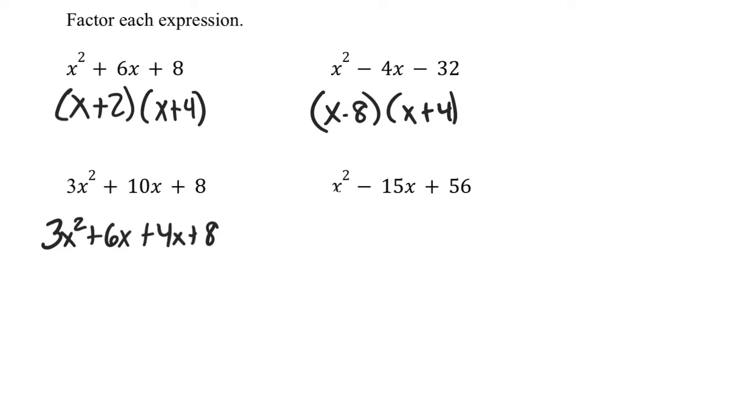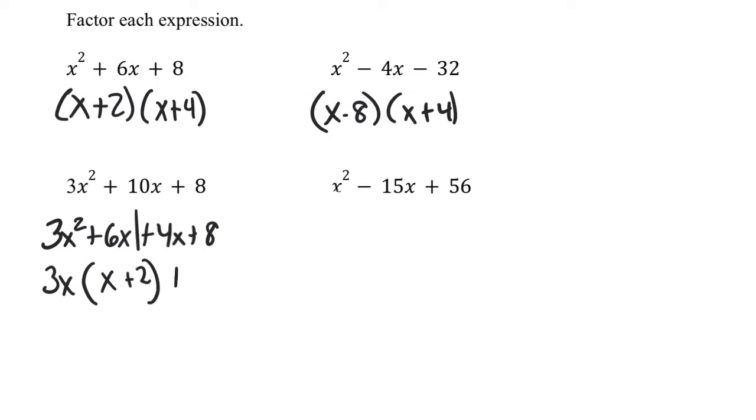Alright, so I'm going to factor by grouping. On the left side, I can factor a 3x out. And then I have, so 3x squared divided by 3x is just going to leave me with x. And then I have 6x divided by 3x is going to be 2. So I'm left with x plus 2 in the parentheses. Then on the other side, I can factor out a 4 from both of these.